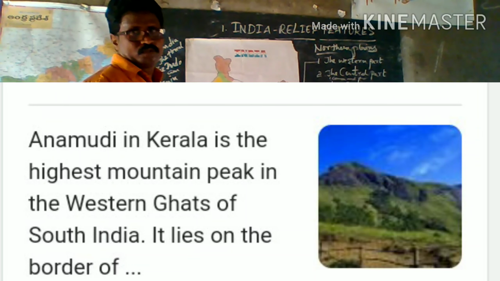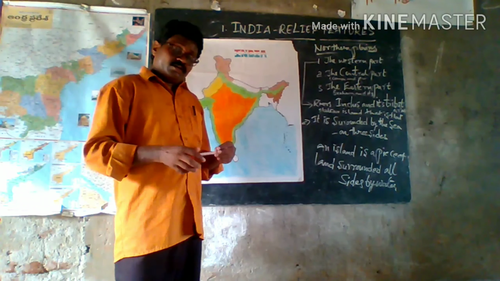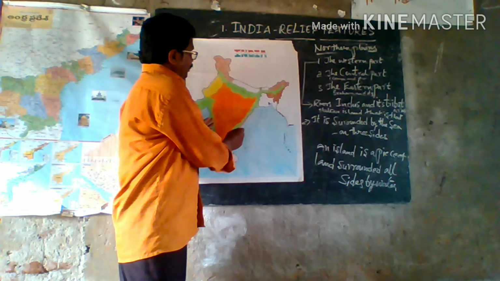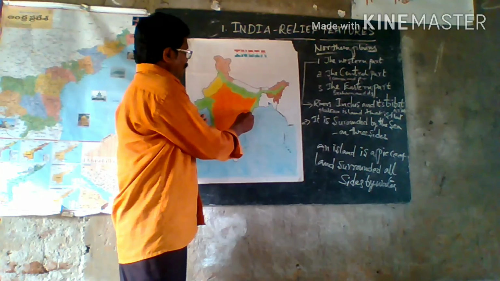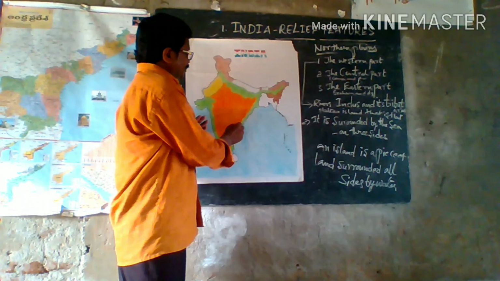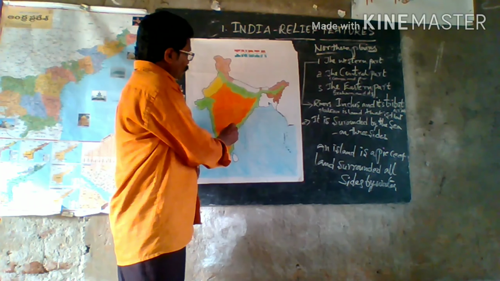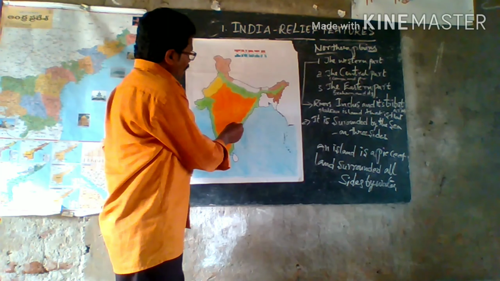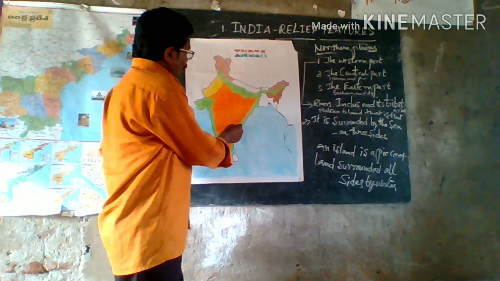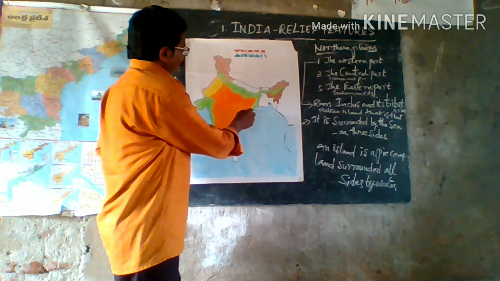2,695 meters. And also the Eastern Ghats. This is the eastern side and this is the western side. The Eastern Ghats are also situated on the eastern side, between the peninsular plateau region and the eastern coastal plains.